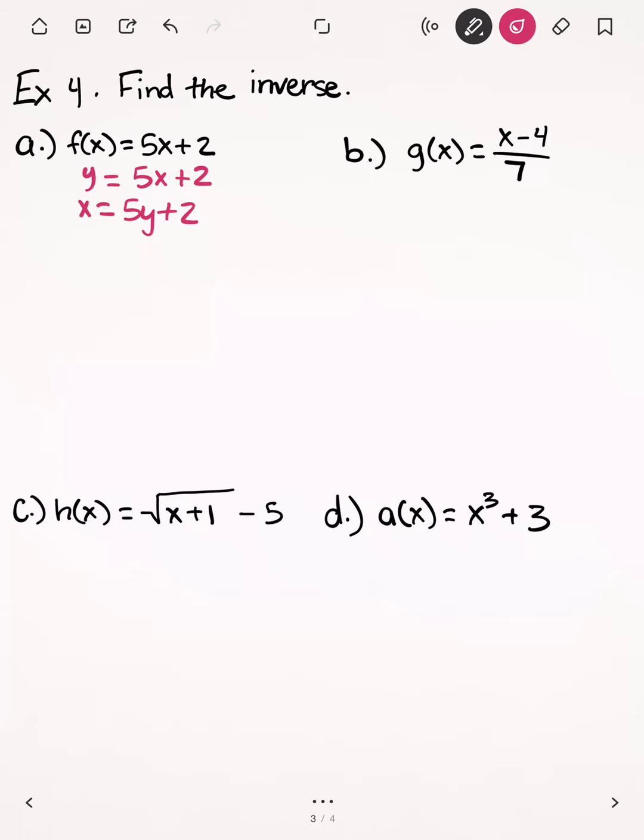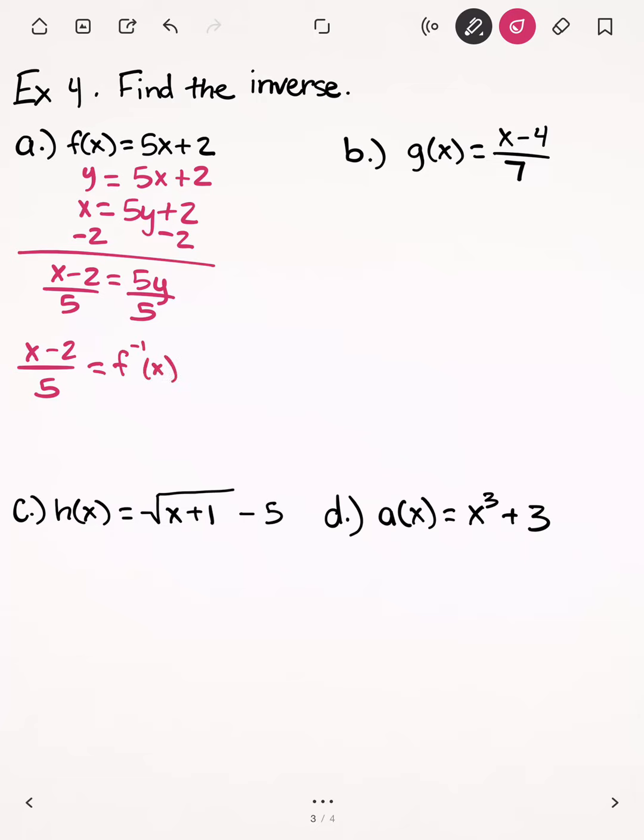So to solve for y, I'm going to subtract 2 from both sides. I get x - 2 equals 5y. And then I divide both sides by 5. So I get (x - 2) divided by 5 equals, and this is my inverse because I've solved for y, so I'm going to switch it to function notation. So it's f to the -1 of x, like that.